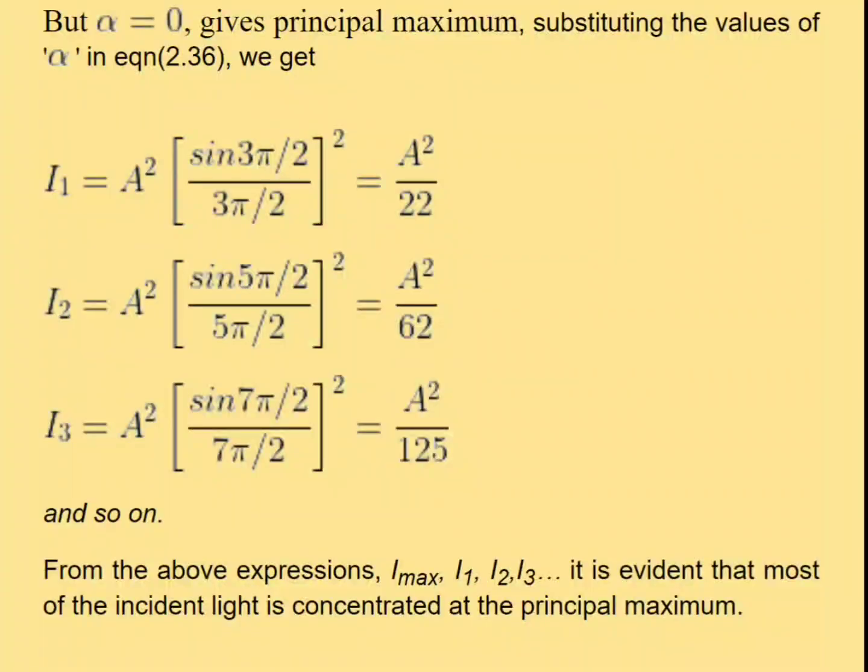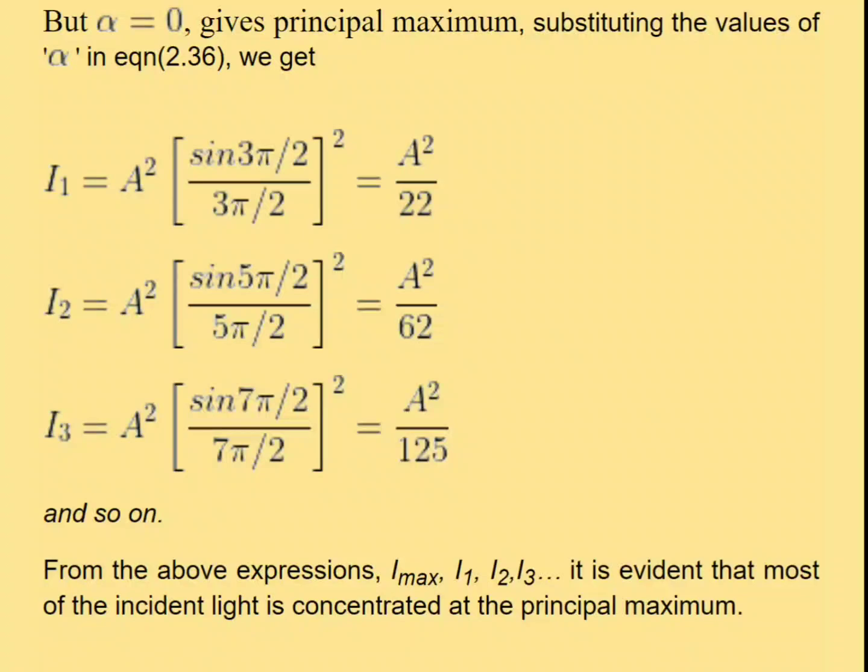For α = 0, the principal maxima I is equal to A². Substituting 3π/2 for α, I1 is A²/22. I2, by substituting 5π/2 for α, is A²/62.